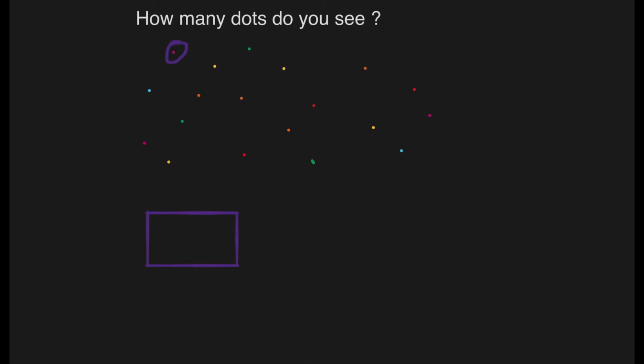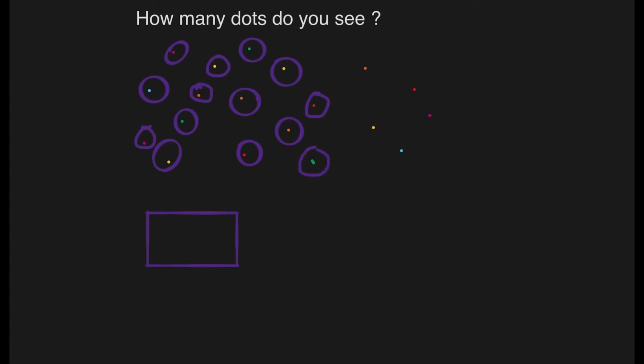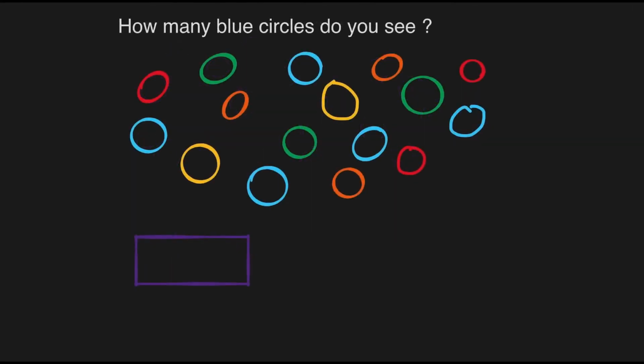So here's 1, 2, 3, 4, 5, 6, 7, 8, 9, 10, 11, 12, 13, 14, 15, 16, 17, 18, and 19. So we see how many? 19 dots.